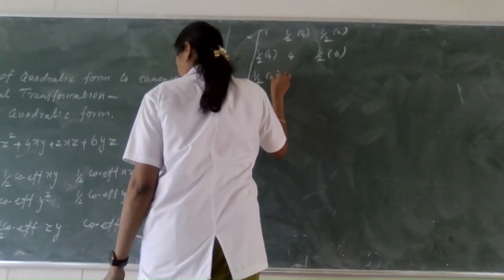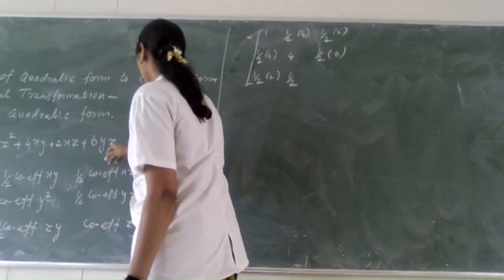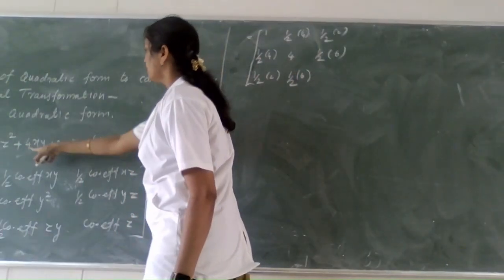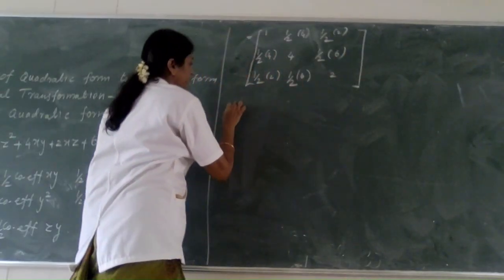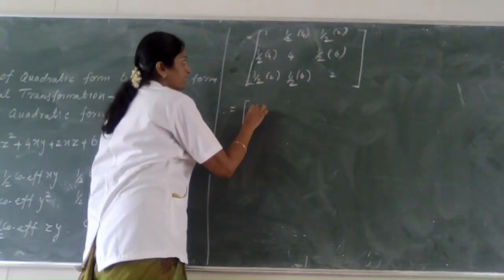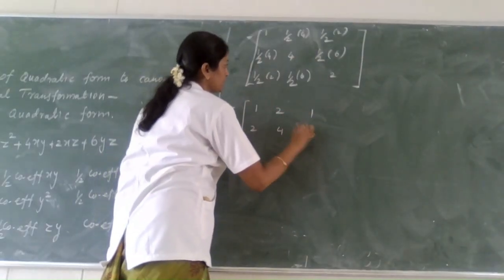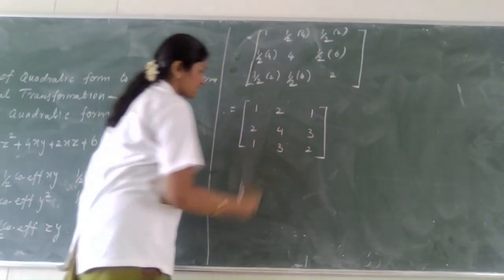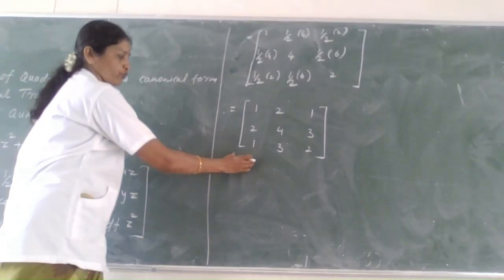So 1. 1 by 2 into coefficient of zy, and zy and yz will be same, 3. And coefficient of z square, that is 2. Therefore the final matrix is 1, 2, 1; 2, 4, 3; 1, 3, 2, which is the matrix form of quadratic form.